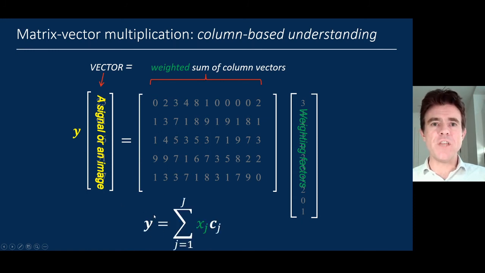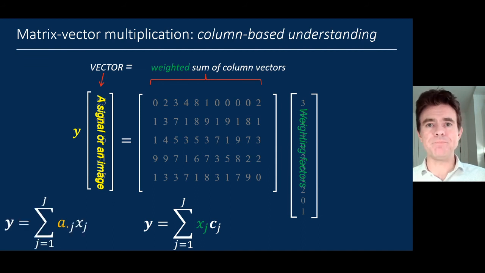I'm saying the output vector y is just equal to the column vectors. Each of the columns I'm denoting here as C_j. Okay, so that's just one column of the matrix A. And then I've got a weighting factor x_j for each of those columns, and then I sum together that set of weighted columns to get my overall output vector y.